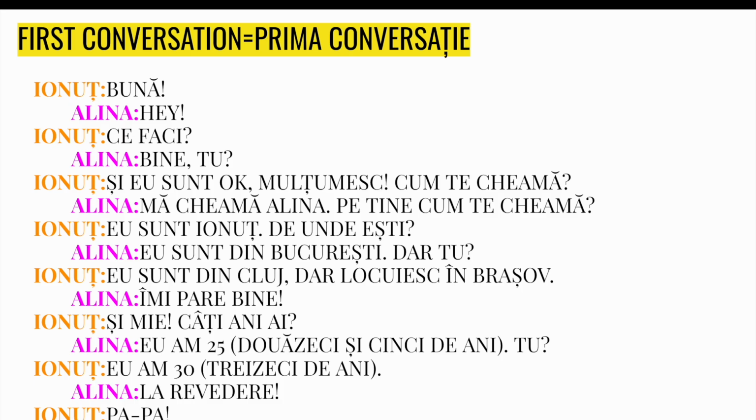Bună! Hei, ce faci? Bine, tu? Și eu sunt ok, mulțumesc. Cum te cheamă? Mă cheamă Alina. Pe tine cum te cheamă? Eu sunt Ionuț. De unde ești? Eu sunt din București. Dar tu? Eu sunt din Cluj, dar locuiesc în Brașov.